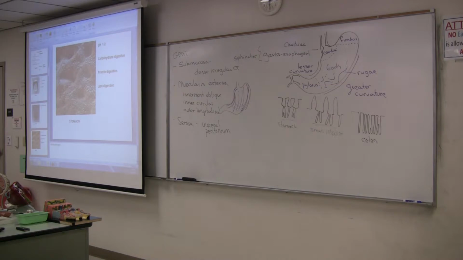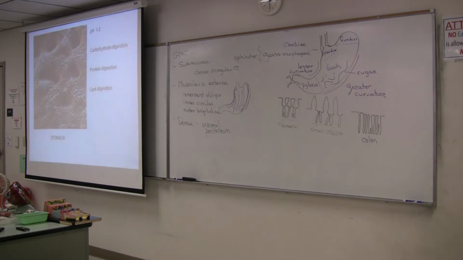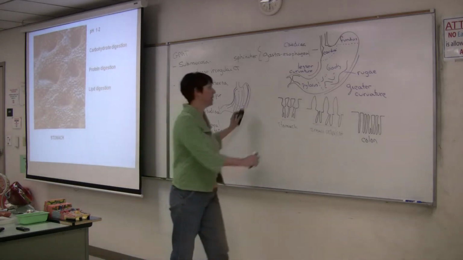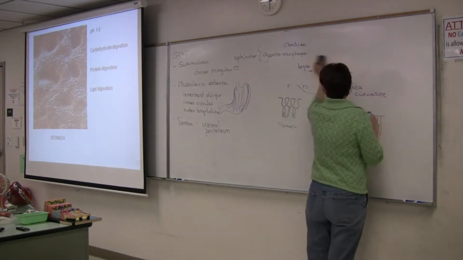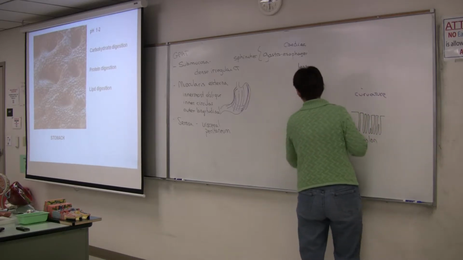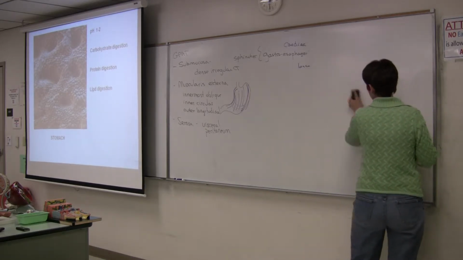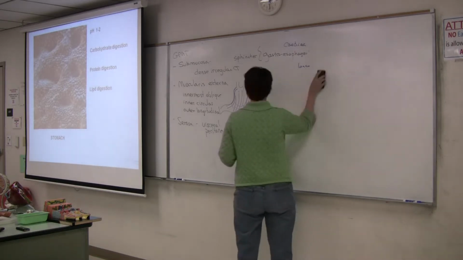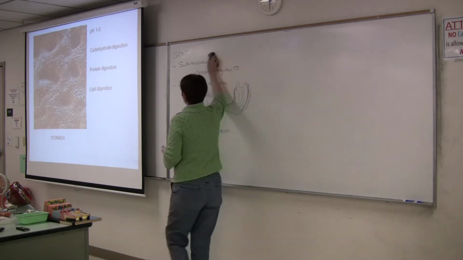All right, so when we look at the stomach, here are the 3 foodstuffs that are possible to be broken down. And remember the enzymes that I listed from the chief cells that are being synthesized by the stomach epithelium? What were the 2 enzymes?